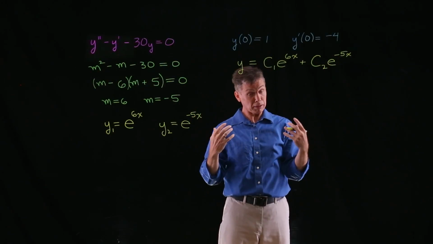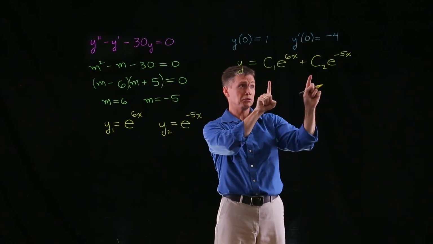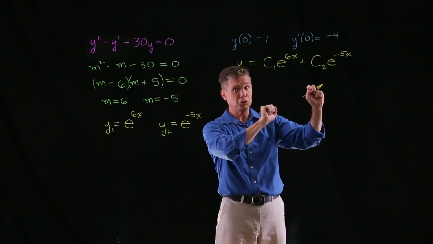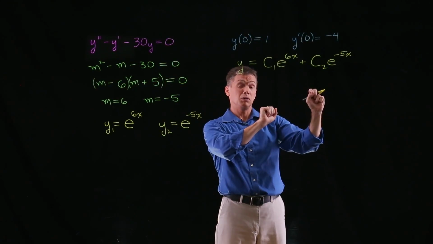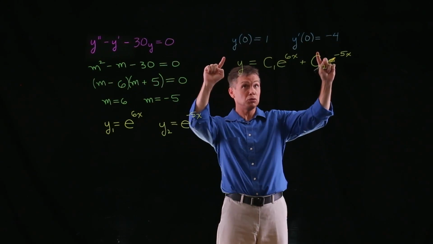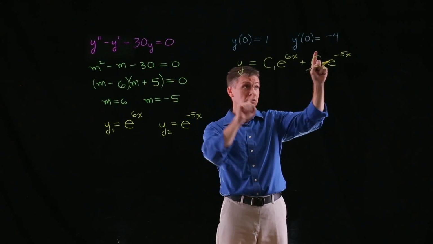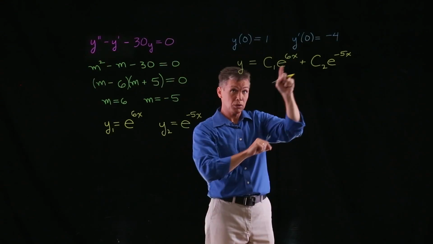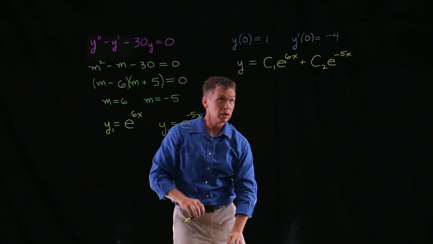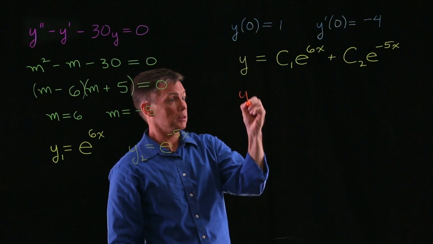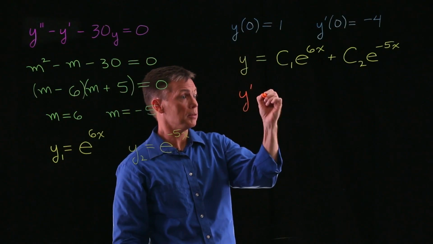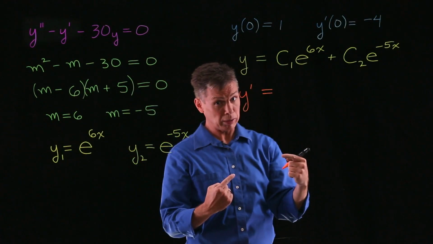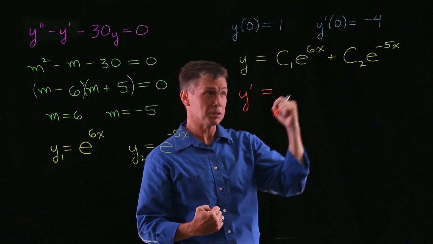But they did give us a couple of initial conditions, so we're going to find the particular solution, which means we'll find specific values for C1 and C2. One of the initial conditions involves y prime, so let's take this y and differentiate it so that we'll have something to plug the initial condition into.